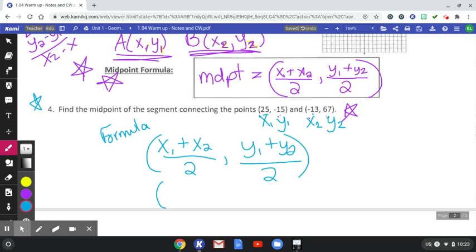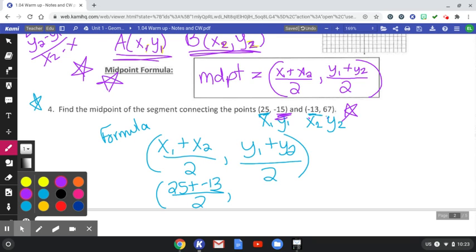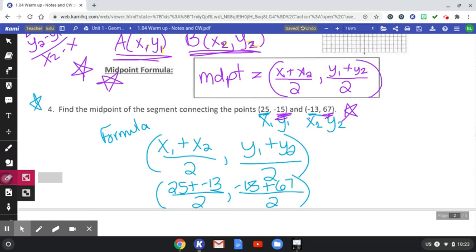The first one, x1 value is 25 plus the second x value is negative 13, divide by 2. And the y values go negative 15 plus 67 and divide by 2.